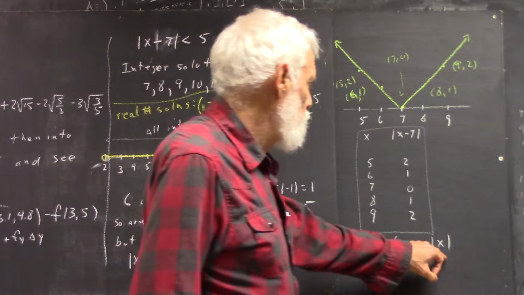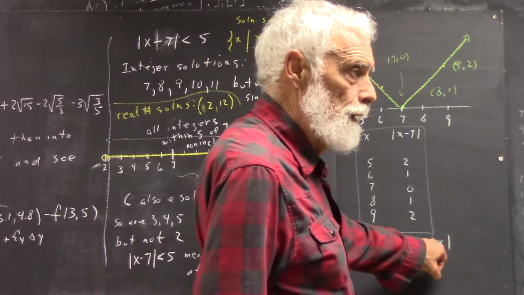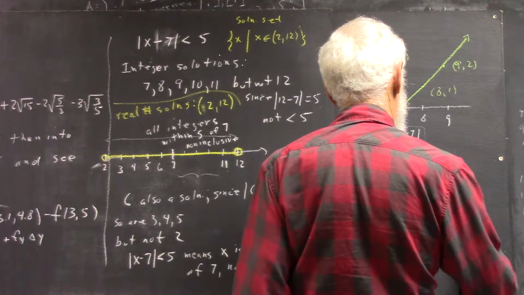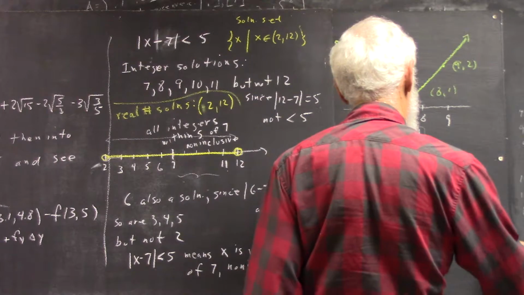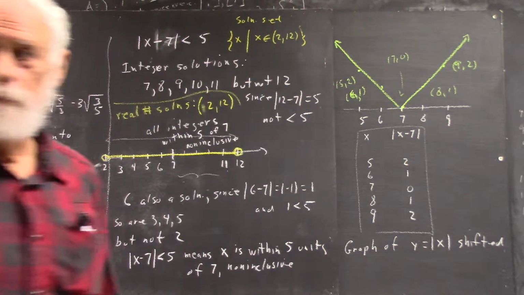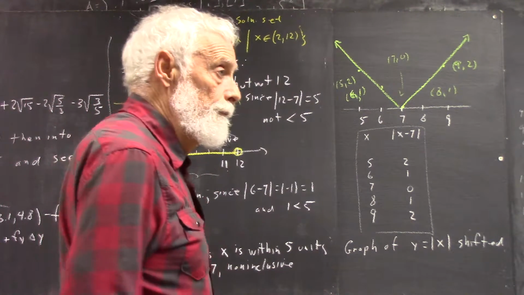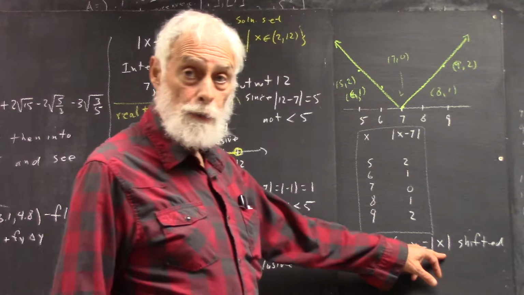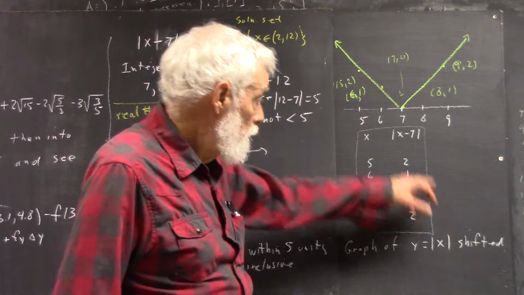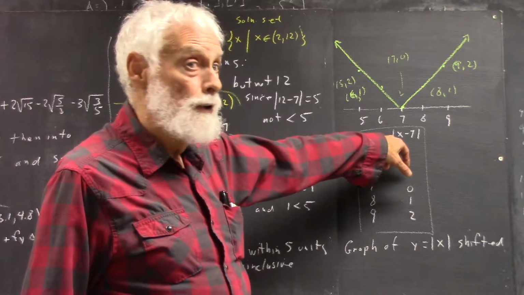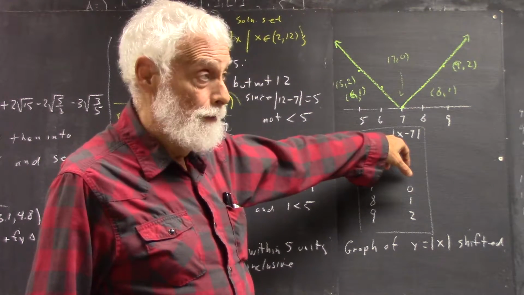But you understand that if the graph of y equals absolute value of x is shifted, how would you shift it to get absolute value of x minus 7? Horizontally. Horizontally, how many units? 7.